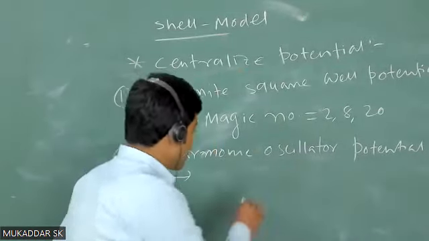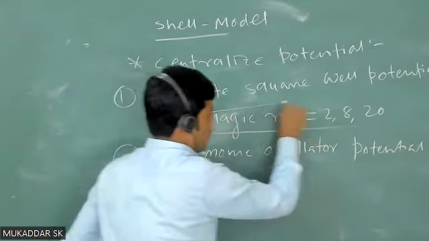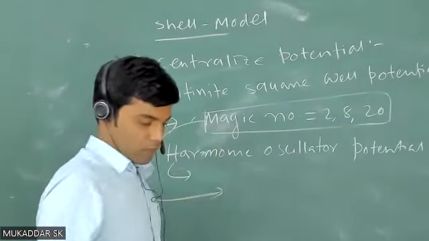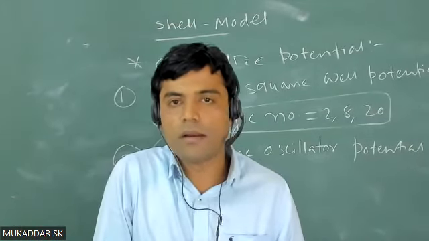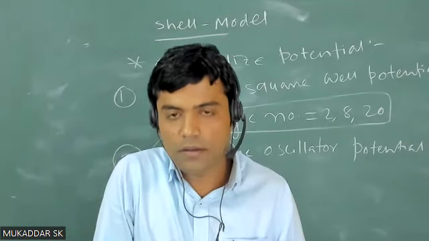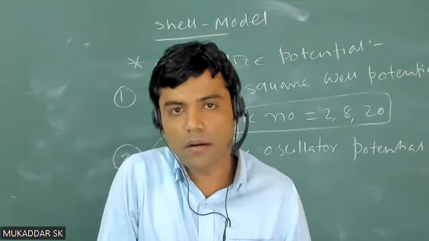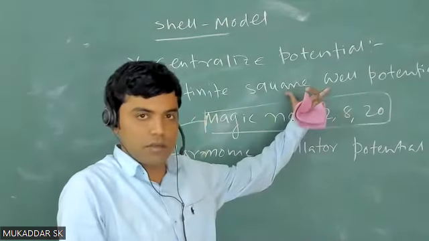Again, these 3 magic numbers can be successfully described by the harmonic potential. They predicted fewer magic numbers than the infinite square well potential.